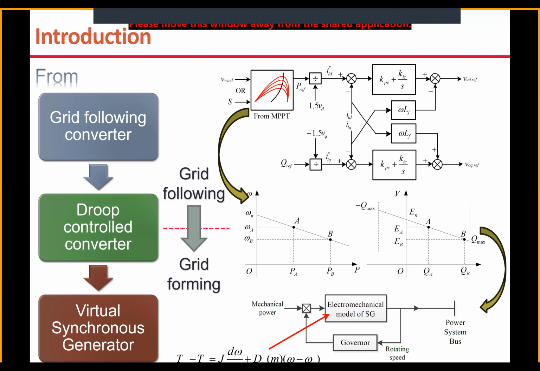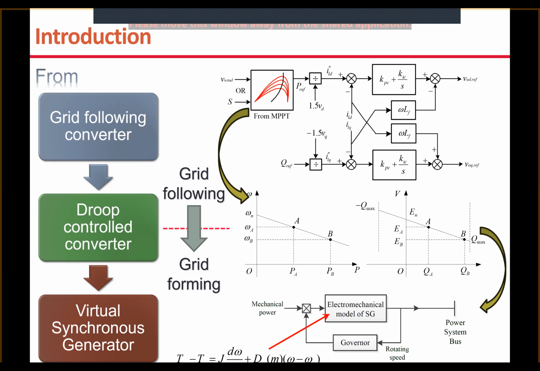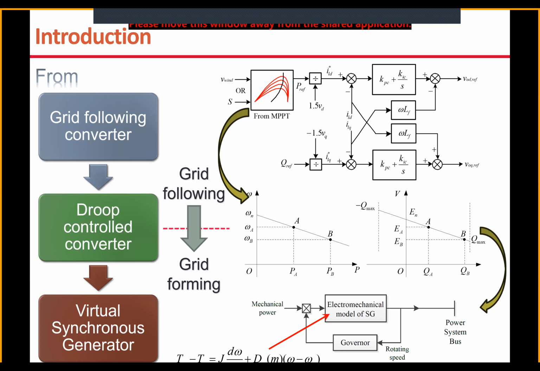And over time, people proposed grid forming control to help the grid voltage regulation. In this case, the starting point is droop control. Based on the frequency deviation and voltage deviation, we can provide the real power and reactive power reference for the wind turbine control.